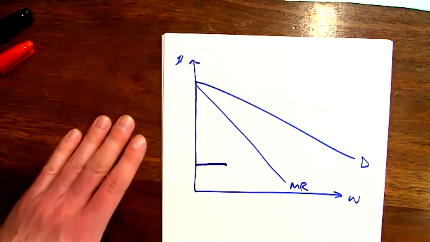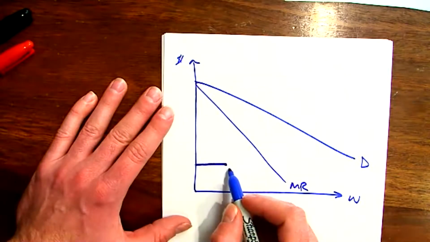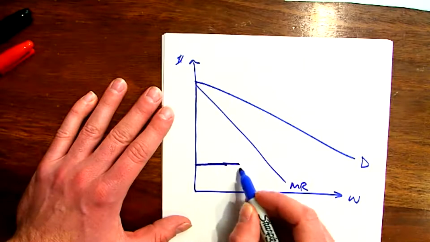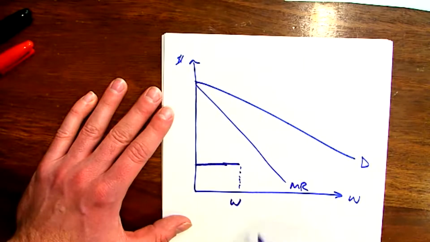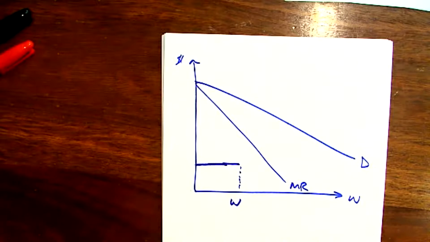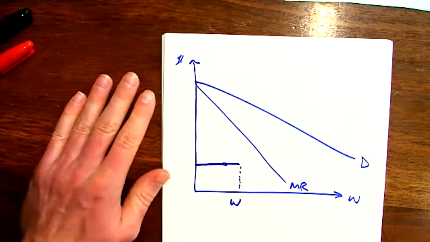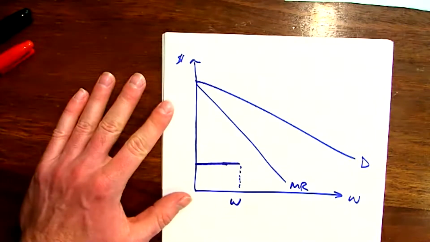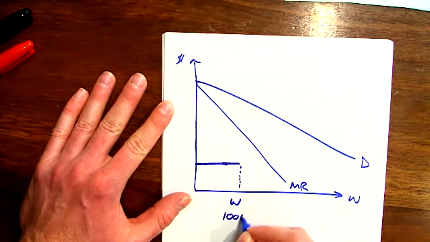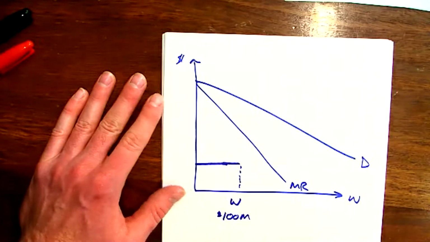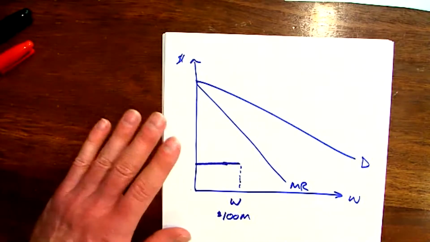But then at a certain point, there's going to be a certain number of wins, we'll say it's right here, where in order to get that number of wins, I had to spend a certain amount on my player salaries that is exactly meeting the luxury tax limit. So let's say after $100 million, teams have to start paying a luxury tax. Whatever this number of wins is equates to where I'm spending $100 million on my team.